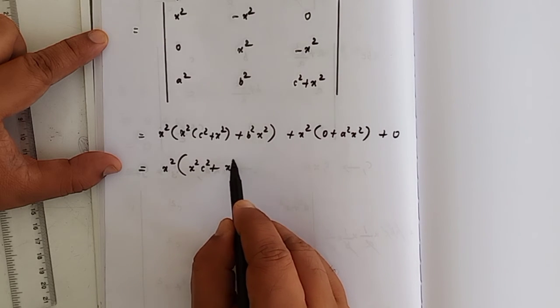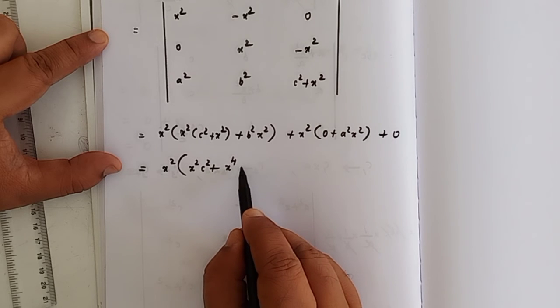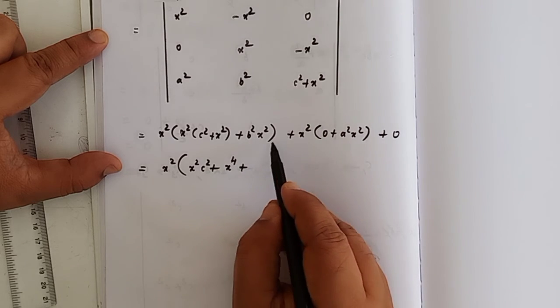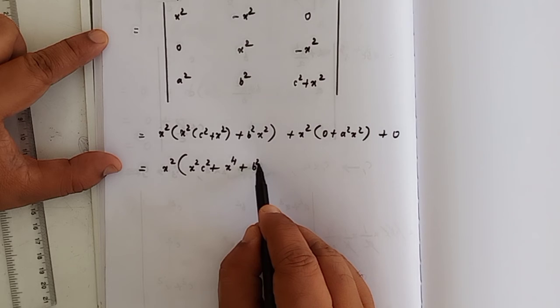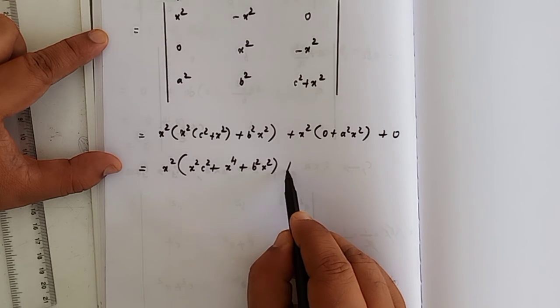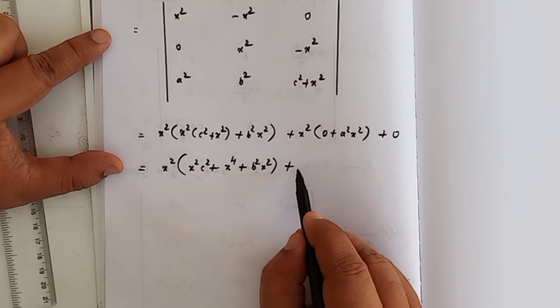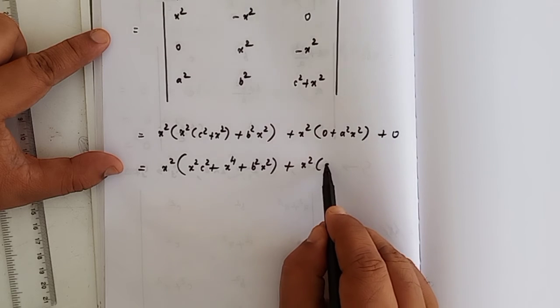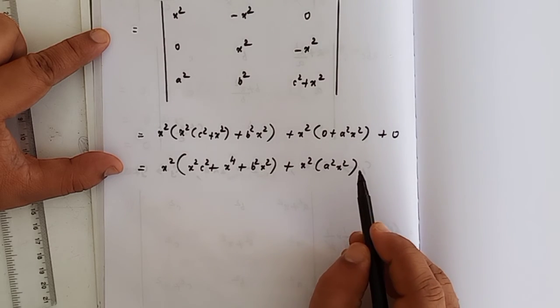x squared into x squared is x power 4 plus b squared into x squared plus x squared into a squared x squared.